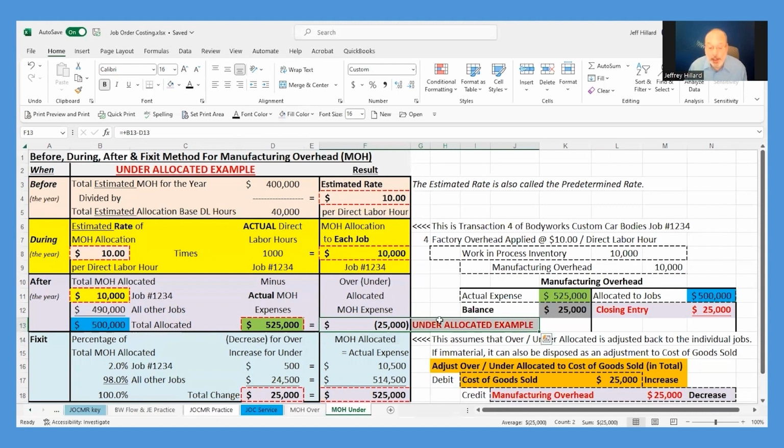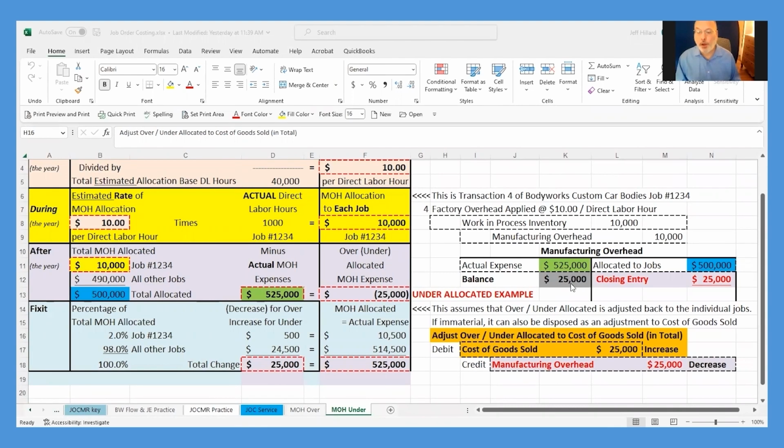We had not put enough cost into the jobs. So everything works the same, except now we're under, so the adjustments are going to increase the cost of the job. In this case, 2% of 25,000 adds $500 to the job, and everything else would work the same.